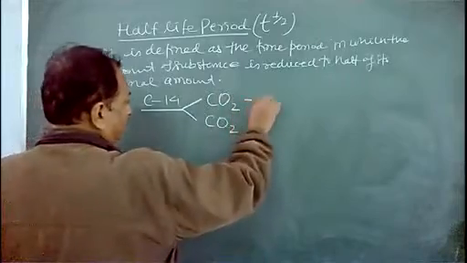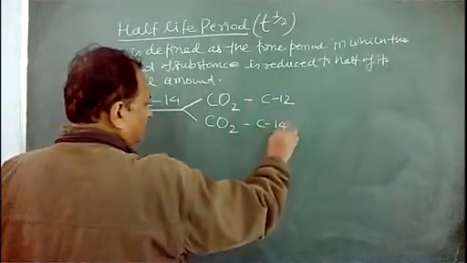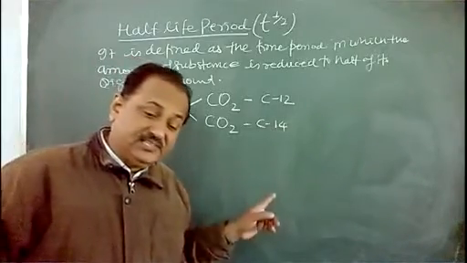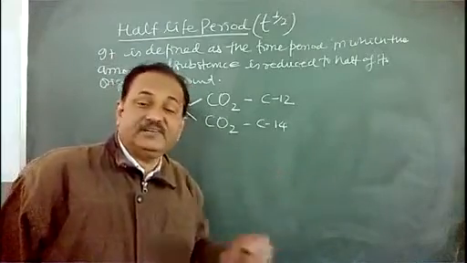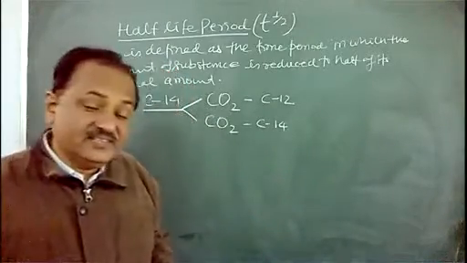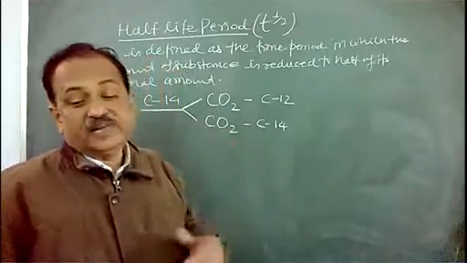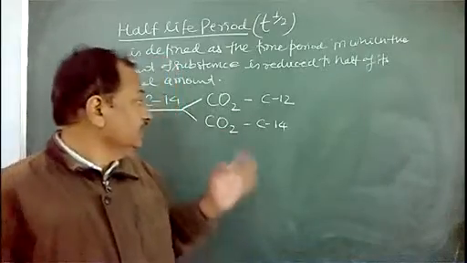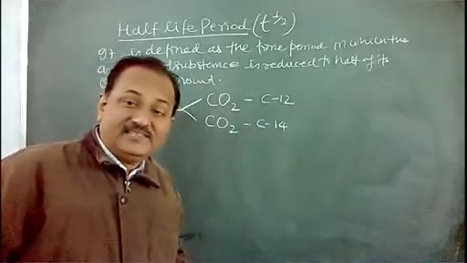One is normal, which is C12, and the other is of C14. So children, you have to know this. C14 is an isotope. It emits radiations, but the number of radiations emitted is much less, so it is unable to harm our body or any other animal or plant. So its amount is much less in the atmosphere.